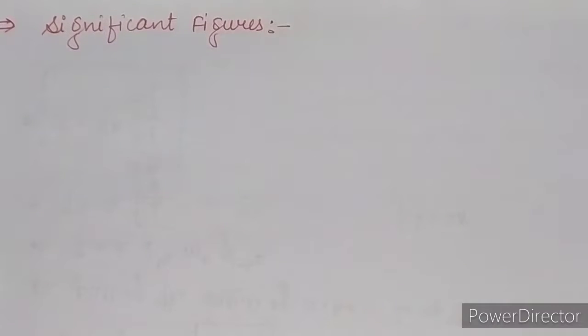The measured values which we calculated in the errors we studied previously, the result of the measurement should be reported in a way that indicates the precision of the measurement.